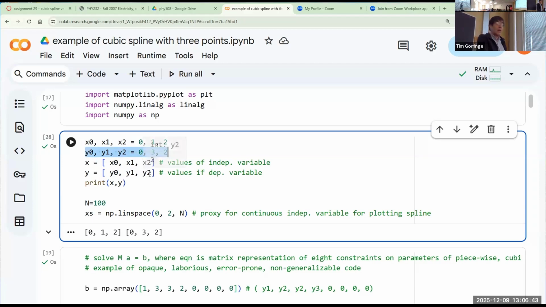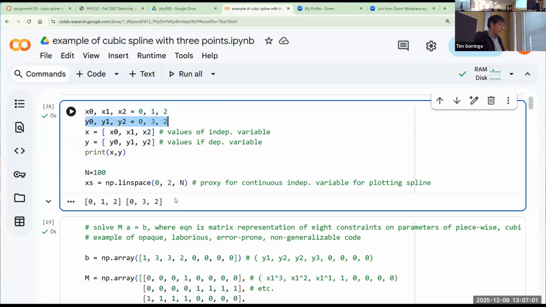I then pack them together in a Python list, so that X is a list of the 3 data point independent variables, and Y is the corresponding list of the dependent variables. And here I just printed them out.